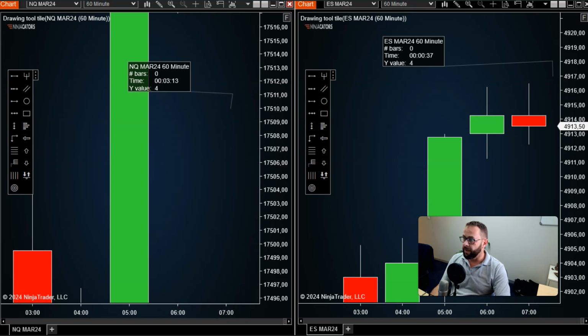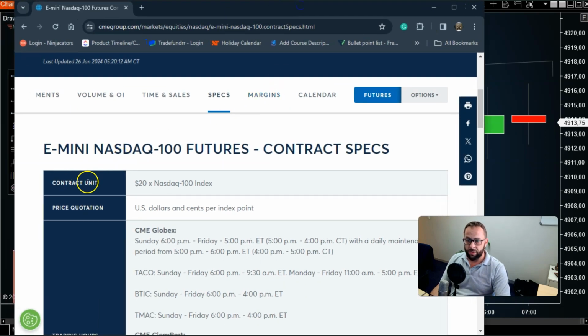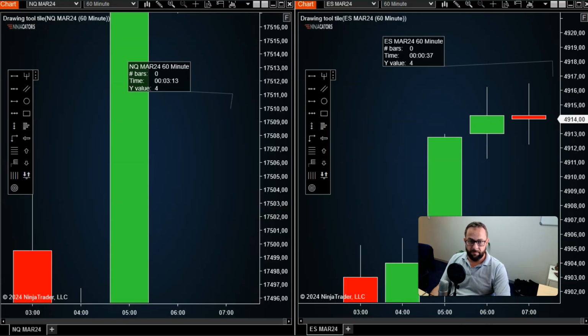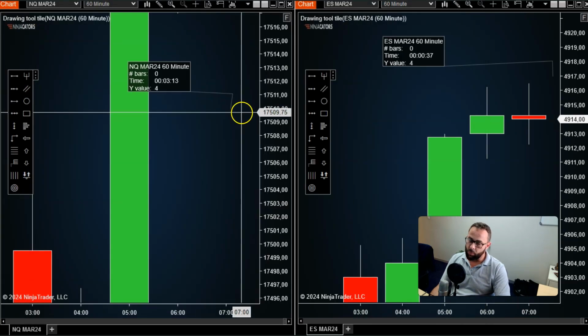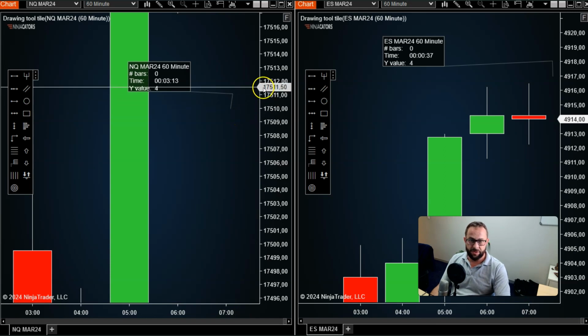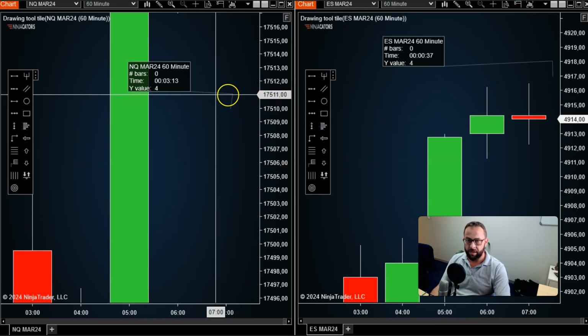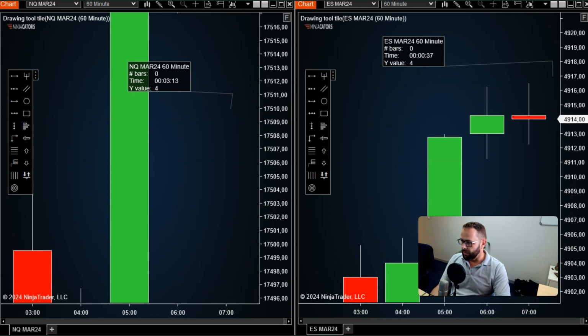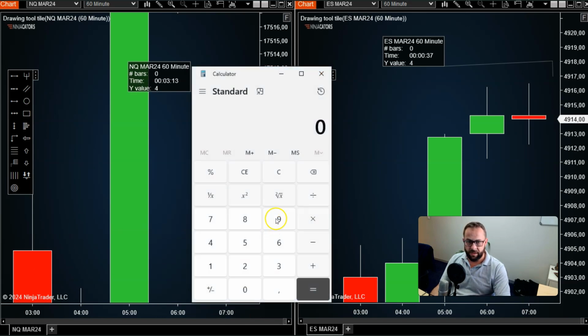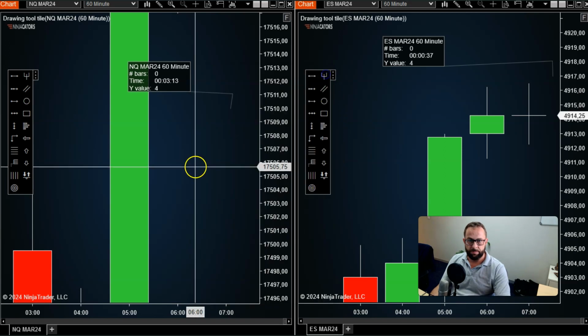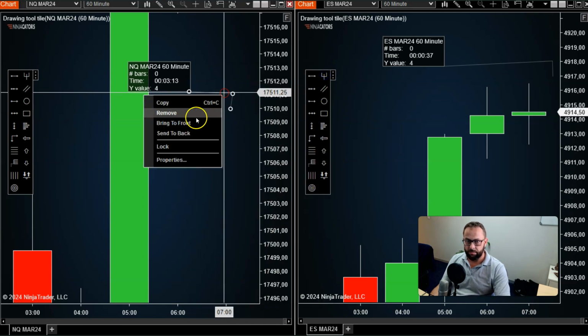Again, one contract unit is $20, so from 17510 to 17511, it is worth $20. If we divide that by the 4 quarters in a unit, that's $5 per tick that the NASDAQ moves.